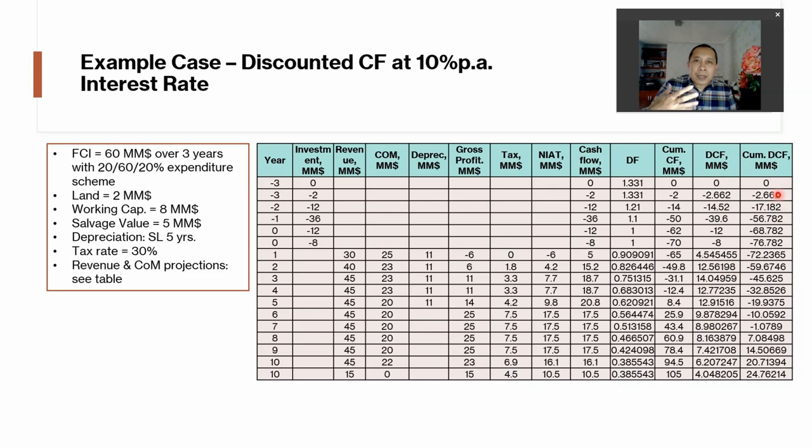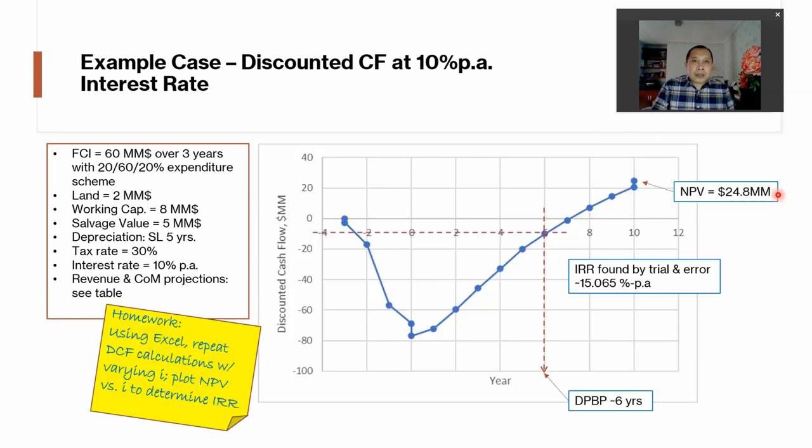Now we see how the discounted cash flow diagram looks. And this is the discounted cash flow diagram at 10% per annum interest rate. Because as we have seen from the previous segment, if we change this interest rate, then of course the cash flow diagram will also change, right? So for time criteria, now we have the discounted payback period, which is now 6 years.